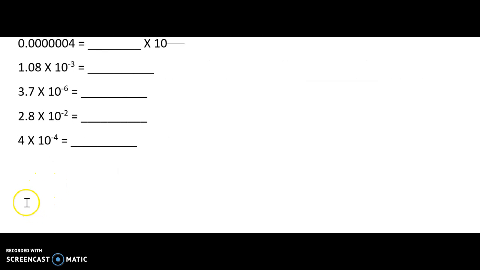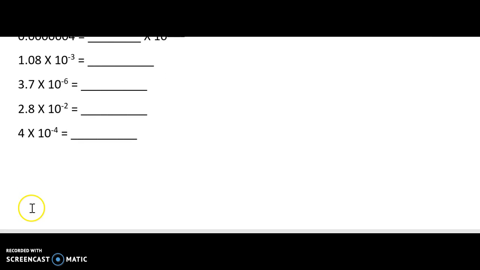What if you're given a number in scientific notation and you want to recover standard notation numbers so that you can, say, plug it into your calculator or something? For the example of 1.08 times 10 to the negative 3, we can start by writing a 0 and a point.